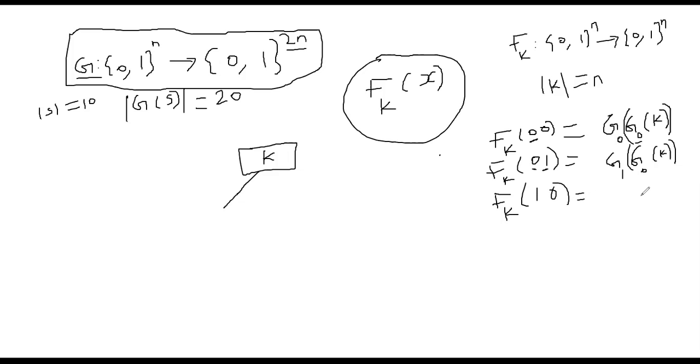So we will be doing g of k and select only the right half, because we have a 1 here, and then we take again g of this, but we'll take the left half because we have a 0 here. Okay, and finally we do fk of 11, which is easily g1 of g1 of k.